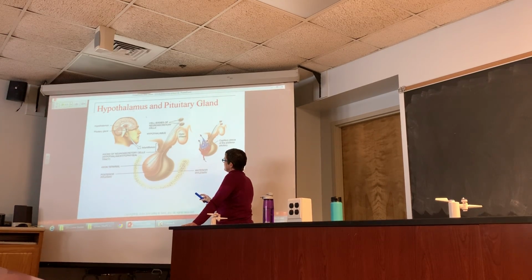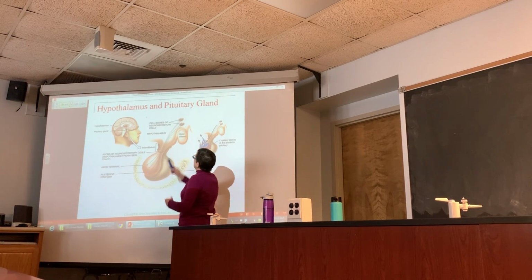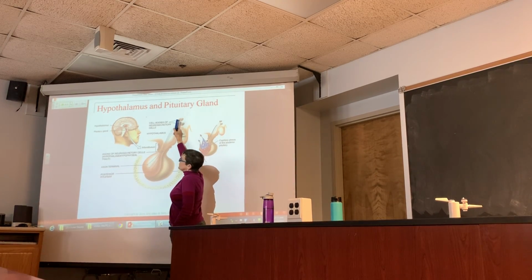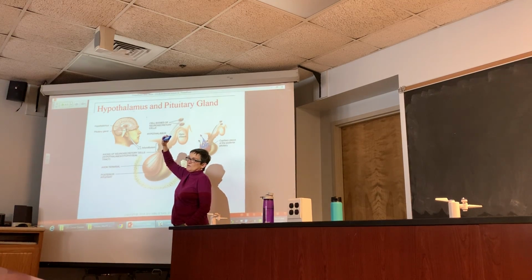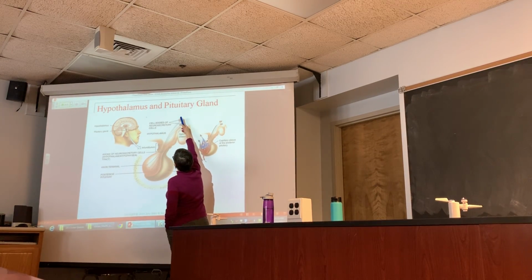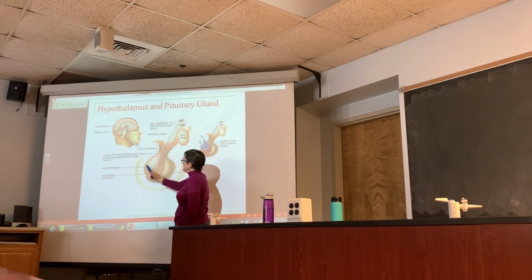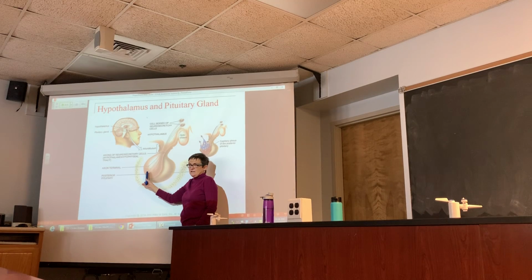So here is a picture that shows it in more detail. Here are those cell bodies of the neurosecretory cells within nuclei of the hypothalamus. Two different nuclei producing two different hormones, because you've got different cells producing different hormones. And they have these axons that run down the infundibulum to the posterior pituitary.